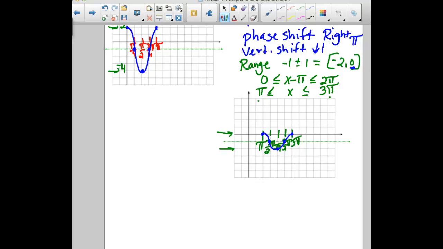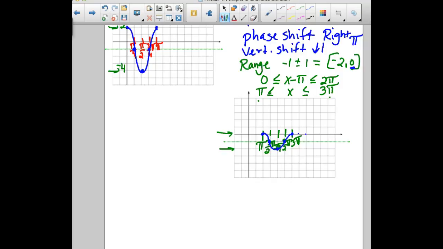If I asked you to draw one more period, what would your last tick mark be? Where would our last tick mark be? At 5 pi, right? Our period is 2 pi. If we stopped here at 3 pi, 2 pi more would be 5 pi. Okay.